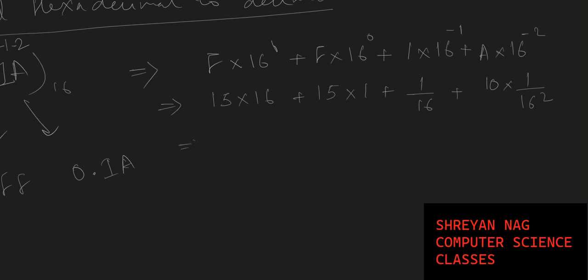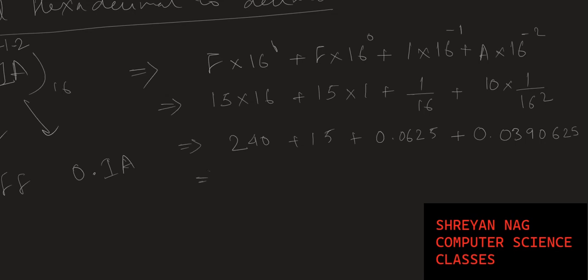So 15 into 16 is 240, plus 15, plus 1 by 16, which is 0.0625, plus 10 divided by 256, which is 0.0390625.